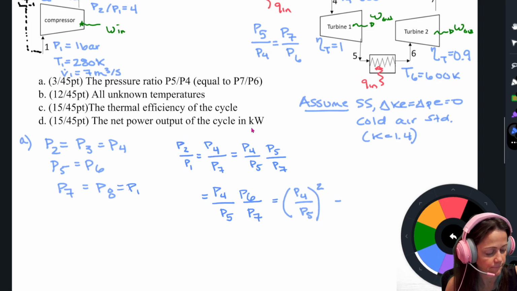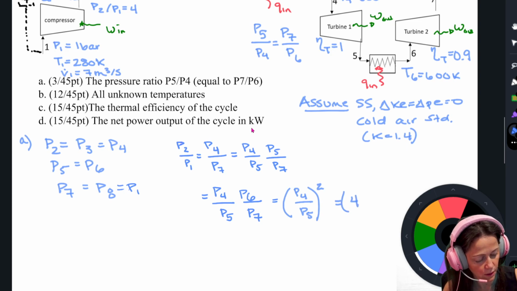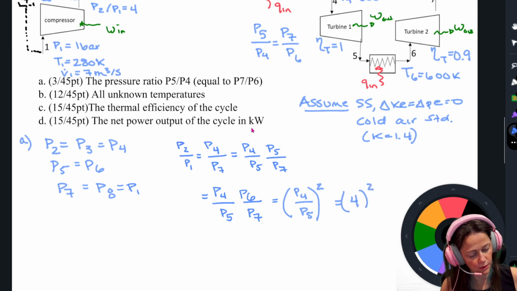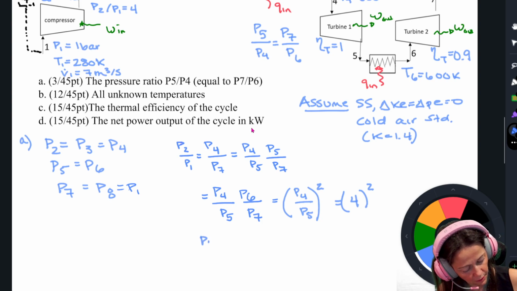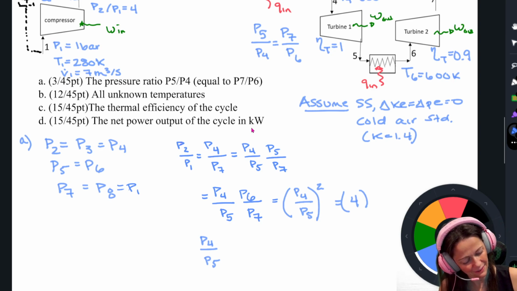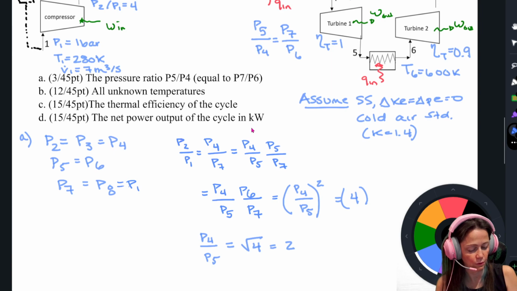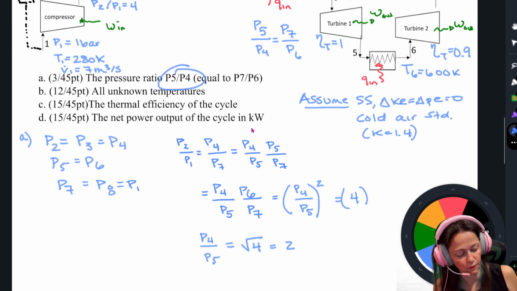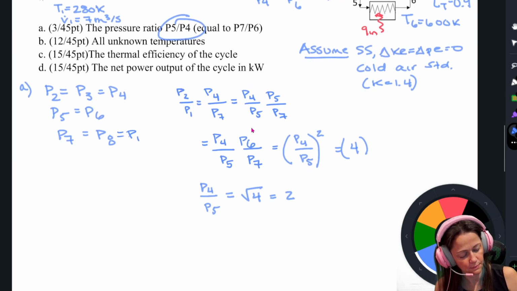So P4 over P5, I'm sorry, not P4 squared. P4 over P5 is equal to the square root of 4, which is going to be 2. And I don't need P4 over P5. I need P5 over P4. So P5 over P4 is just going to be 1 over 2, or 0.5.